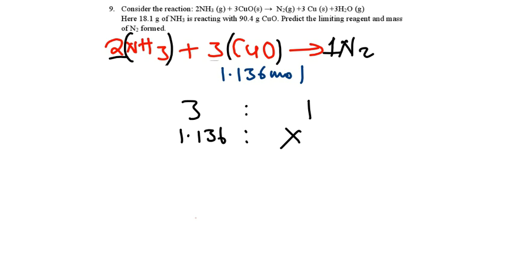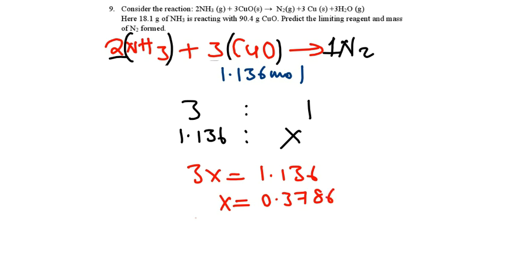Cross and multiply. 3x becomes 1.136, so divide by 3. 1.136 divided by 3, right? The number of moles I'm getting for nitrogen is 0.37866. These are the number of moles of nitrogen.